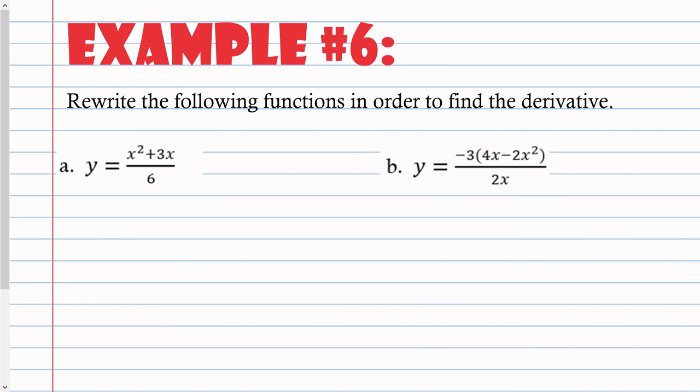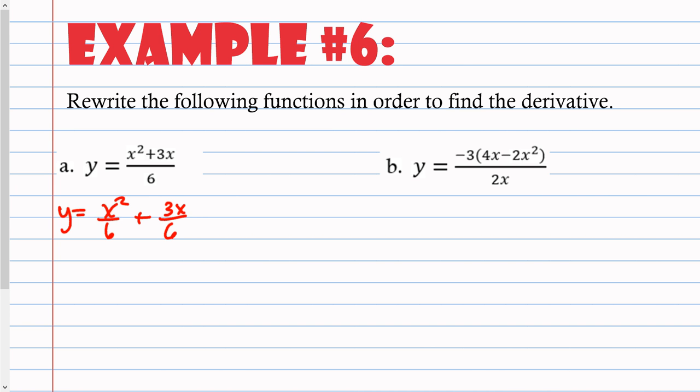Here, I basically have a rational function, but it is very easily manipulated to just be a normal polynomial. So I see that I'm dividing by 6. The first thing I want to do is split up my terms. So I'm now going to have x squared divided by 6 plus 3x divided by 6.